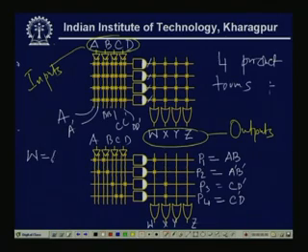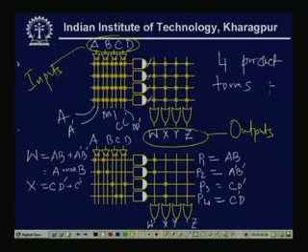That means A B plus A bar B bar, which is nothing but A XNOR B. X is P3 plus P4, meaning C D bar plus C bar D, which is nothing but C XOR D. Y and Z are not there, because no product term is selected.